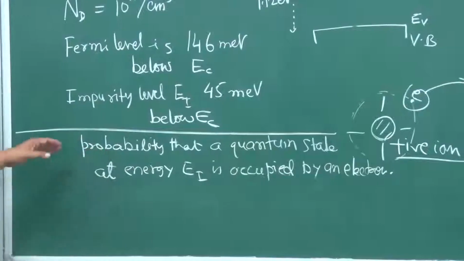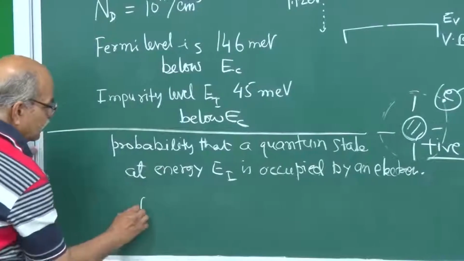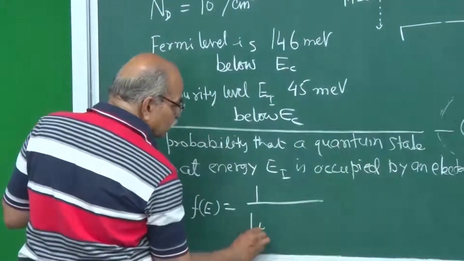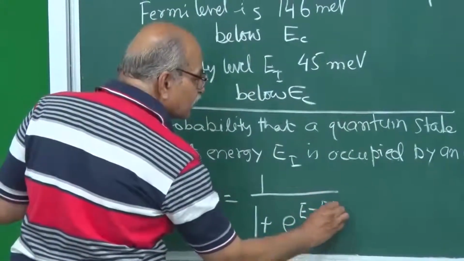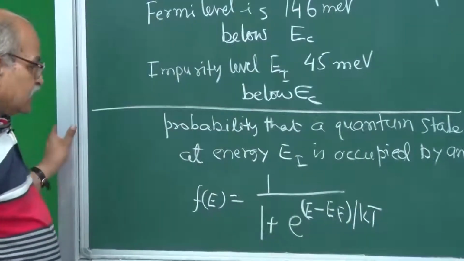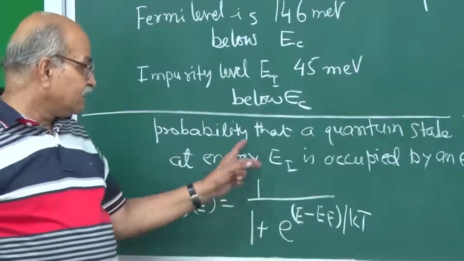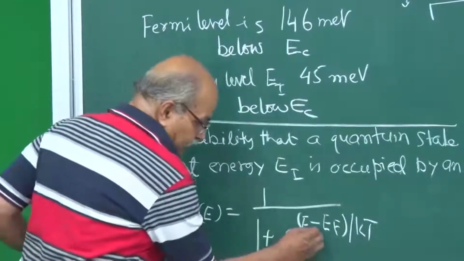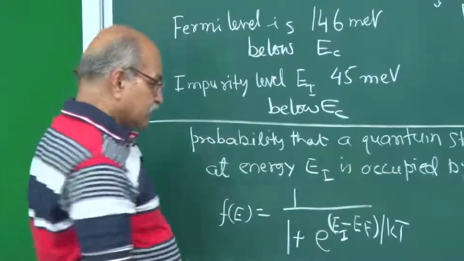This probability will be given by that Fermi function f(E), which is 1 divided by 1 plus e to the power (E minus EF) over kT. Since I am looking for the probability that a quantum state at energy EI is occupied, this E here is nothing but this EI, and that one can calculate.